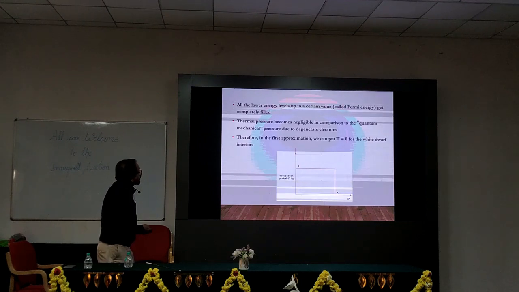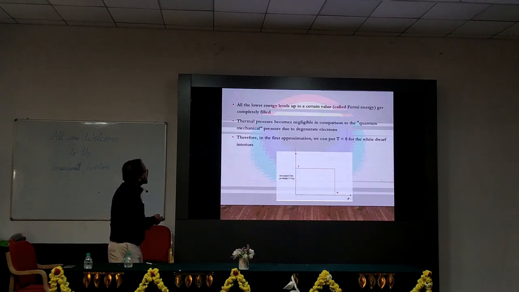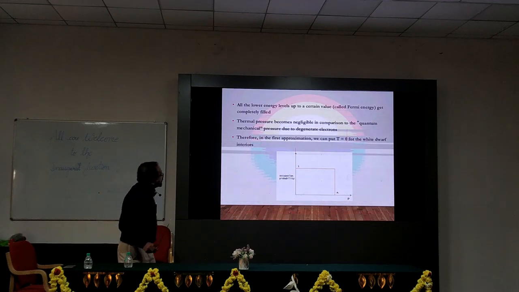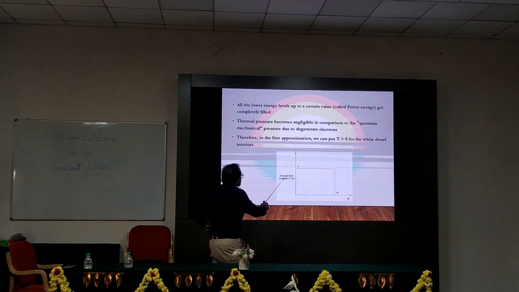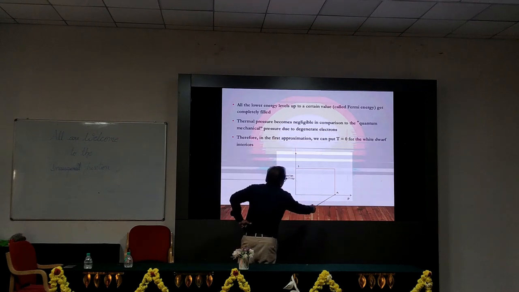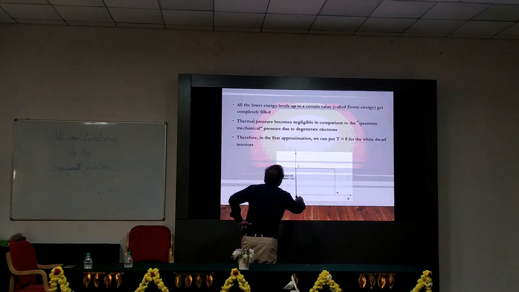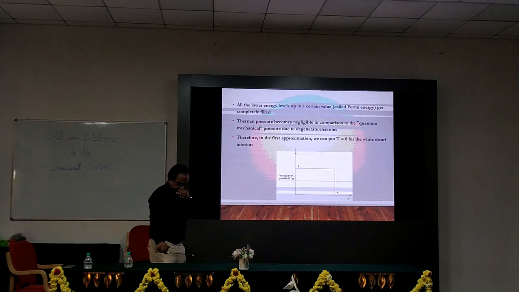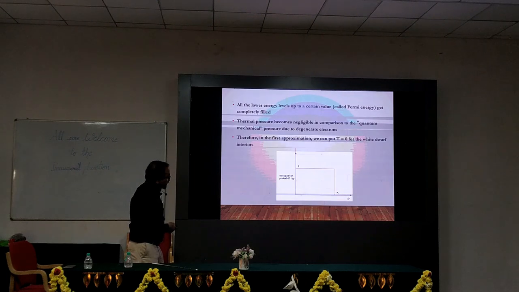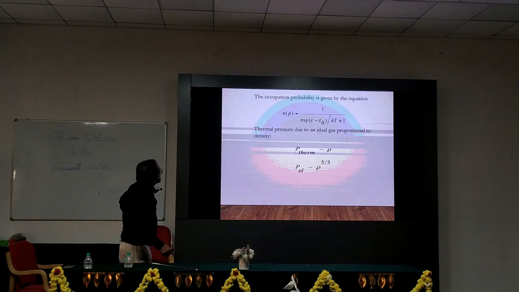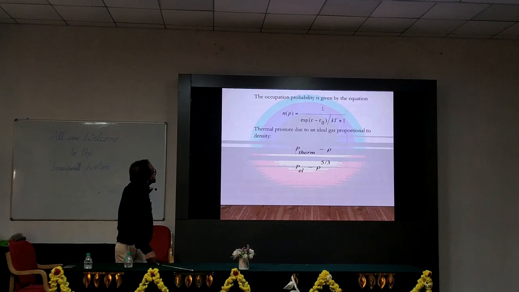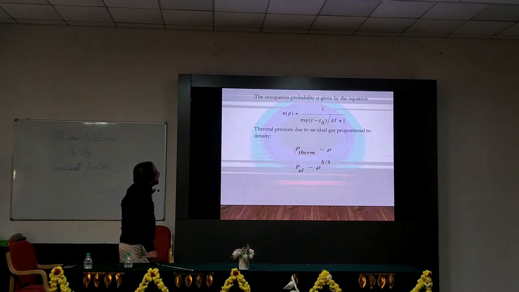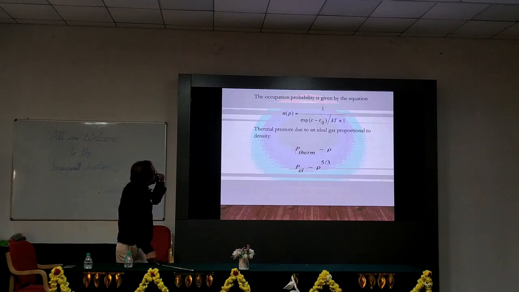So you can approximately take the probability of occupation of the energy levels up to a certain momentum, the Fermi momentum, to be fully occupied, and then 0 beyond, as the initial assumption for calculating the pressure. Okay, so that is the occupation probability at temperature T, N(p), because p is related to energy, E equal to p squared by 2m in the non-relativistic approximation.